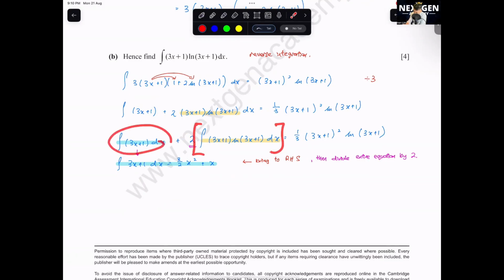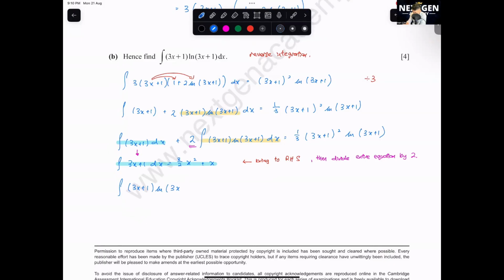So step 1, step 2. Here you'll be left with integrate 3x plus 1 ln 3x plus 1 dx, this is the yellow part, then equals, I divide by 2, so 1 over 6, 3x plus 1 square ln 3x plus 1, then minus, this one also will be divided by 2, so here will become minus 3 over 4 x squared plus x over 2.